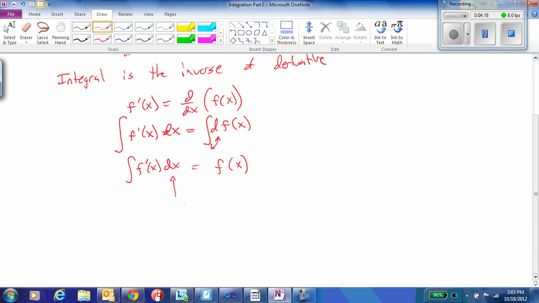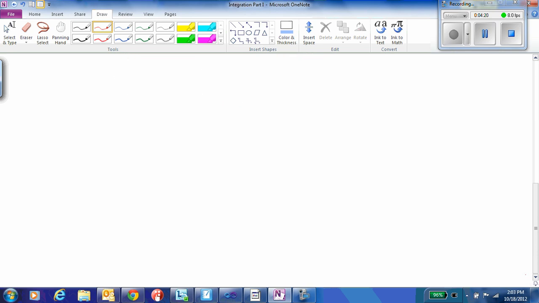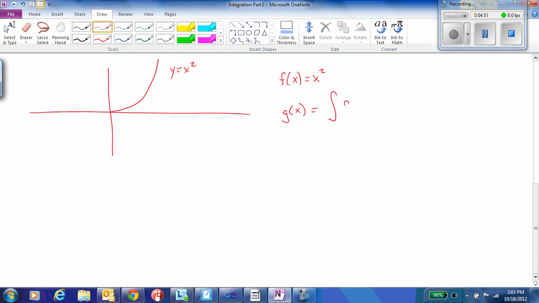If I were to take a graph of a function, let's take x squared constrained from 0 out. I can write this in functional notation as f of x equals x squared. I can now find the integral of this by saying that I'm going to get some new function, we'll call it g of x, equal to the integral of f of x dx.